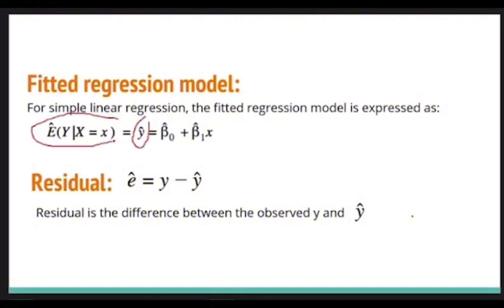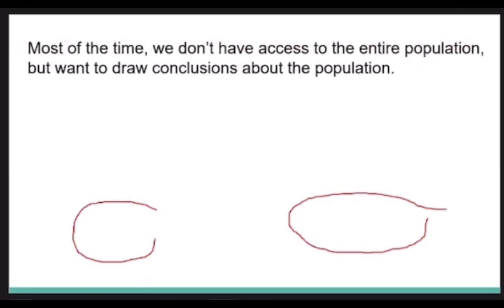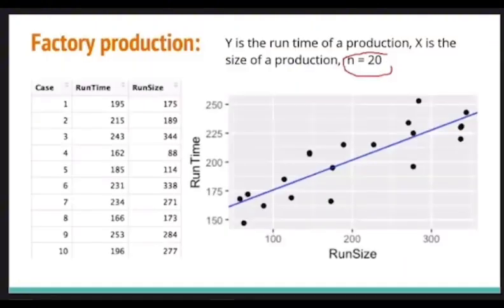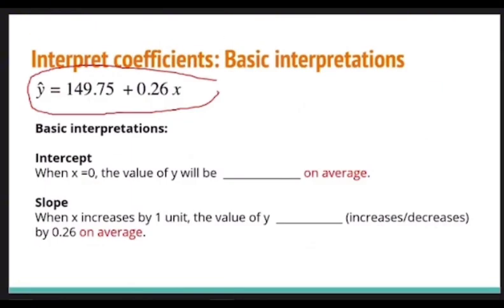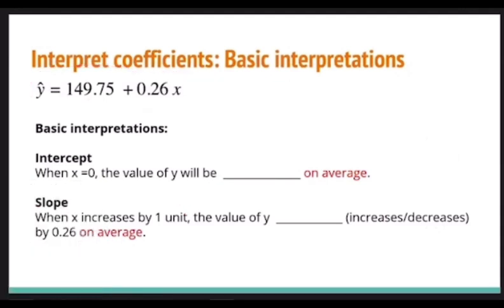Y cap is average, is expectation. Does that make sense? So if I want to interpret y-intercept, I'm actually going to say when s equal to 0, then the values of y on average. Does that make sense? When s equal to 0, the values of y on average. Okay?